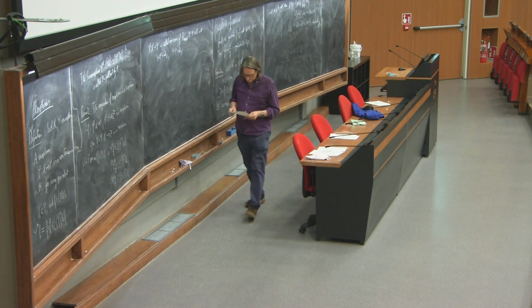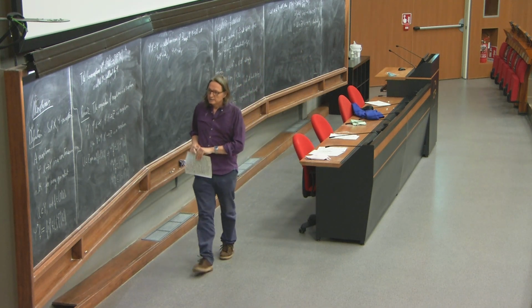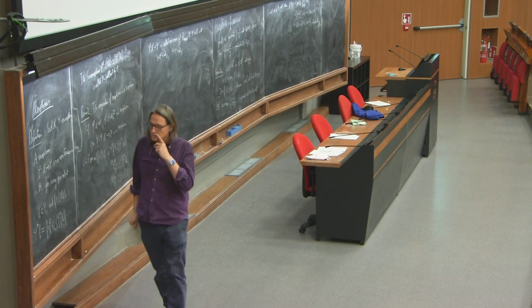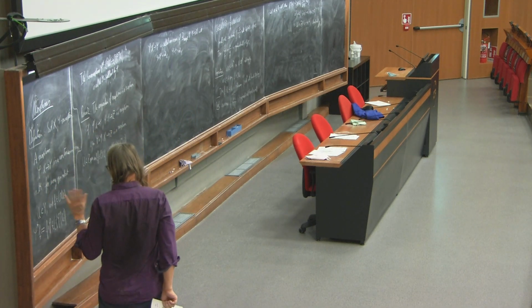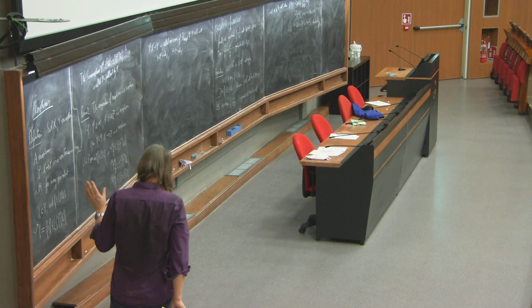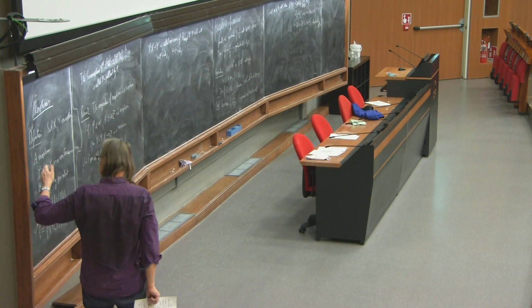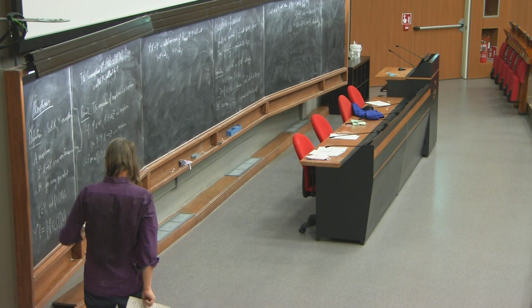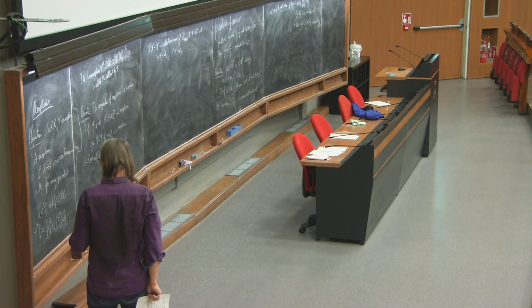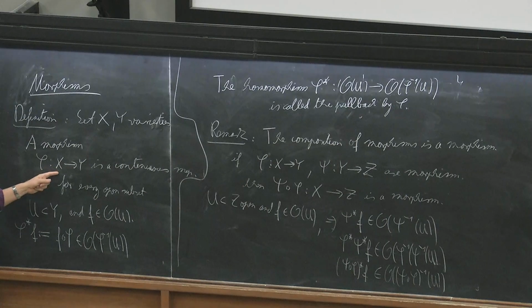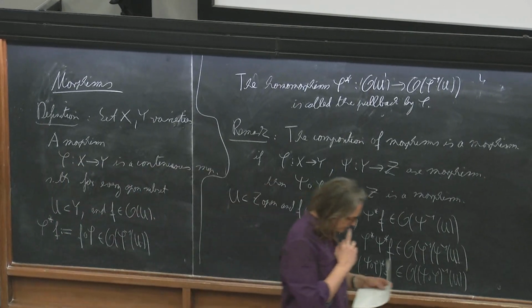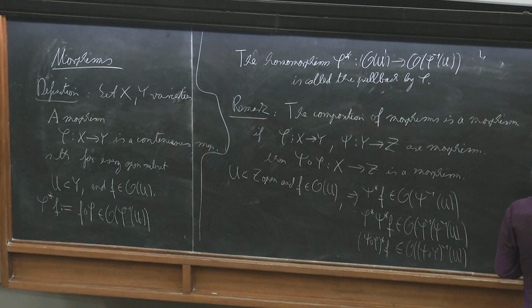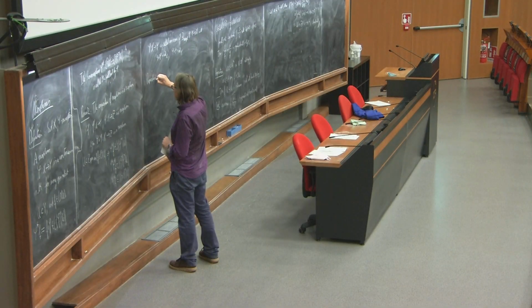Okay. Maybe as a last thing, I want to show that you can check morphisms locally. So if you have a map phi from X to Y, for it to be a morphism, it's enough that it's a morphism in a neighborhood of every point. It's, again, quite simple, but one will want to use it often.